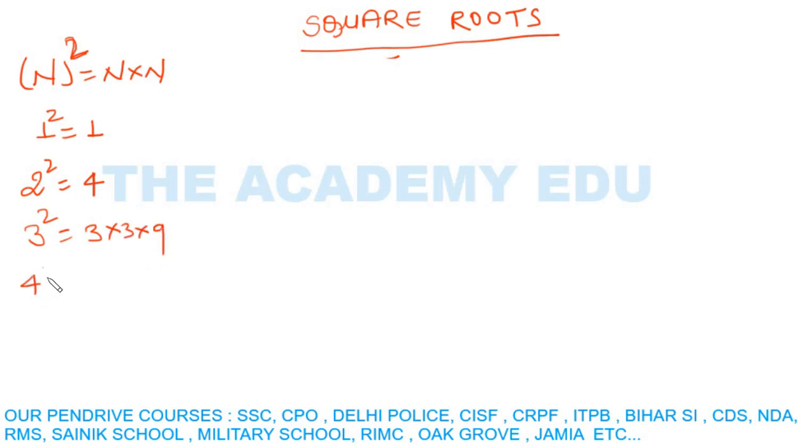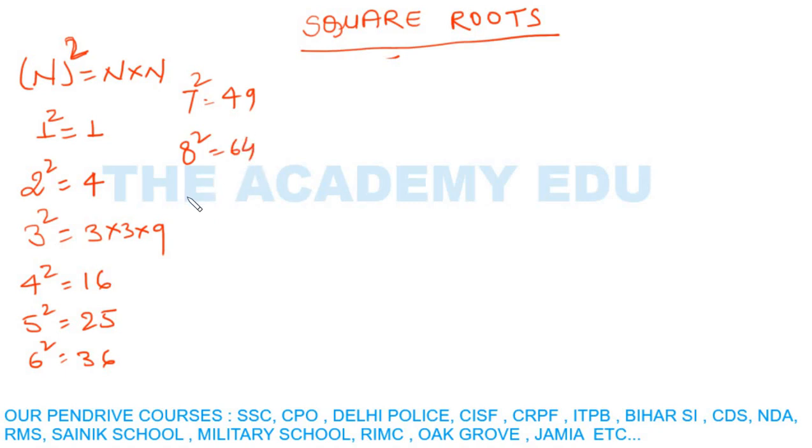Similarly, what is the square of 4? It is 16. The square of 5 is 25. The square of 6 is 36. The square of 7 is 49, right? The square of 8 is 64. The square of 9 is 81.